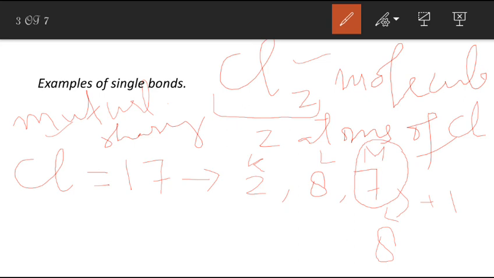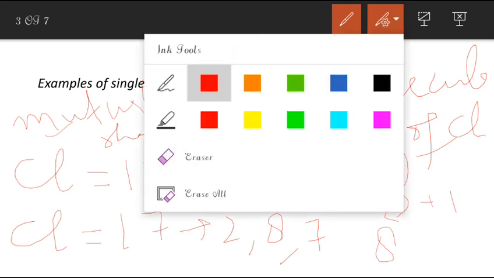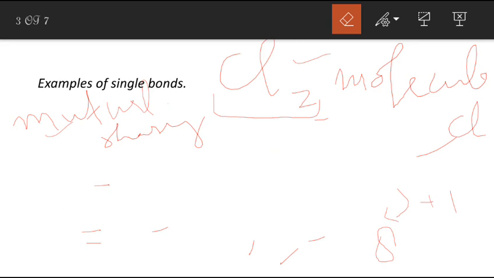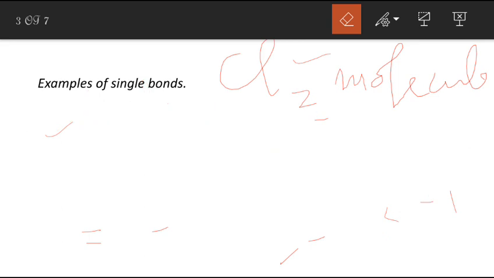So it will react with another chlorine atom, Cl, with the same electronic configuration 2, 8 and 7. This is the electronic configuration of two chlorine atoms. So I will show you how they react with each other and form a single covalent bond. It will form a molecule by the mutual sharing of electrons.